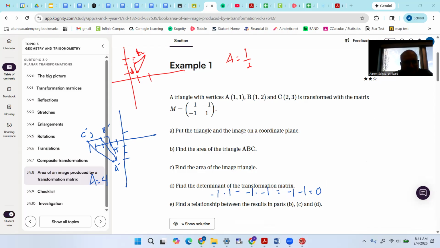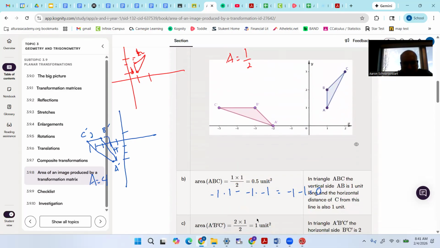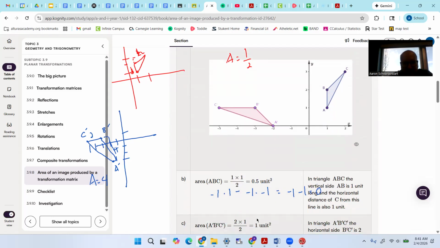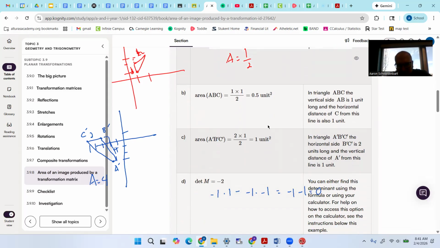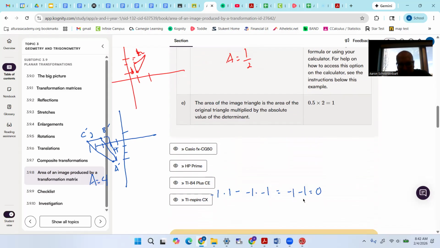But something went wrong in my actual transformation matrix. That was supposed to be 1. Oh, -1 minus 1 is not 0, it's -2.